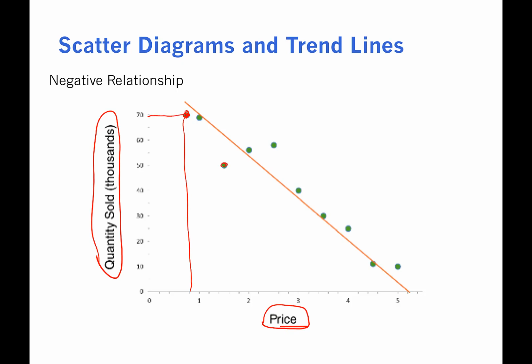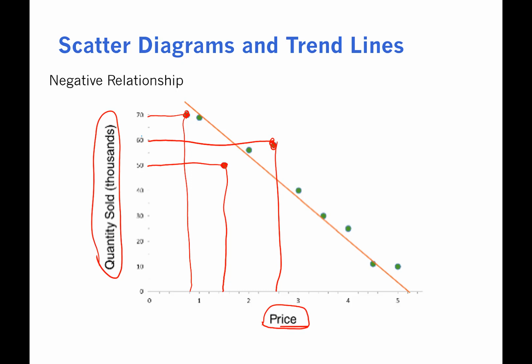Or for this other one on the picture, we're looking at a price of about 1.5 and the quantity sold is about 50. Or if you look at this other one here, the price is 2.5 and the quantity is about 60, and so on. And then we try to fit a line to this data.